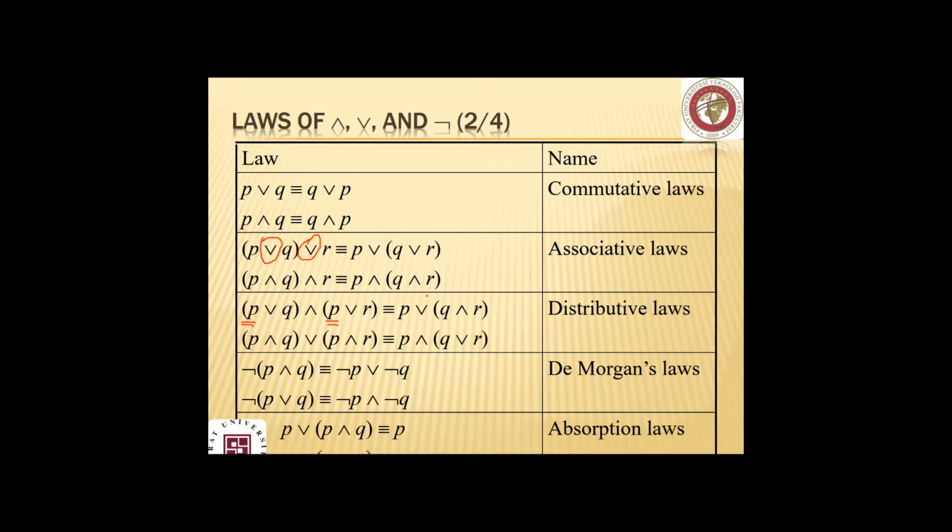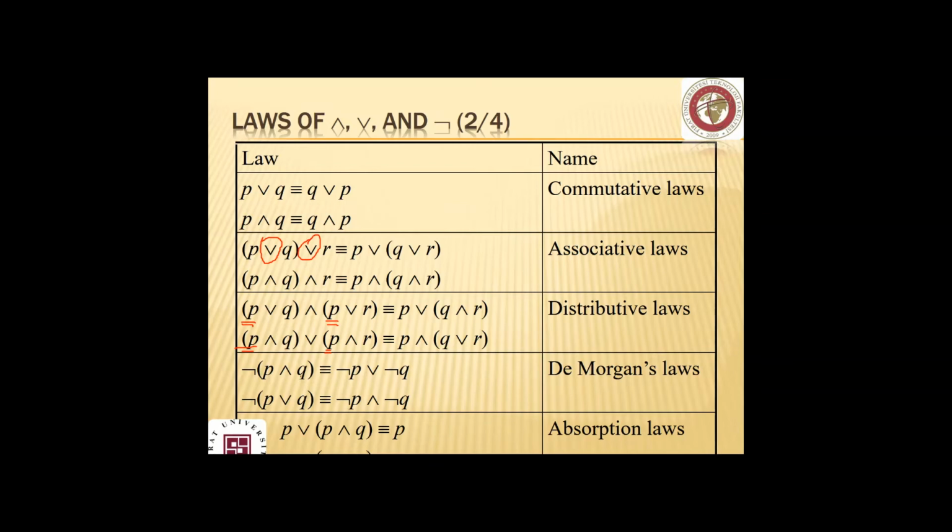It would be P or Q and R, the distribution of OR over AND. The same goes if we have again a common P for both parentheses here, and we have the distribution of AND over OR. Here it would be P and Q or R. It's extremely straightforward and easy.